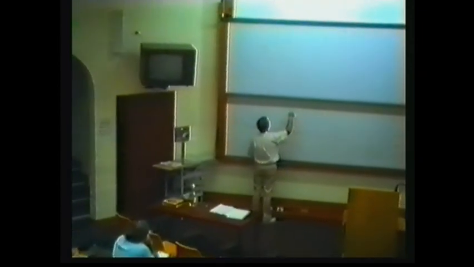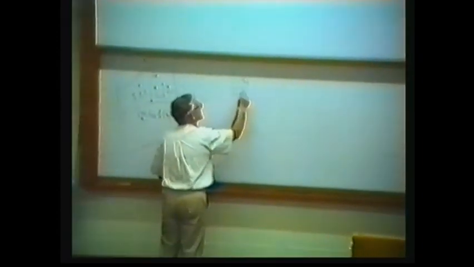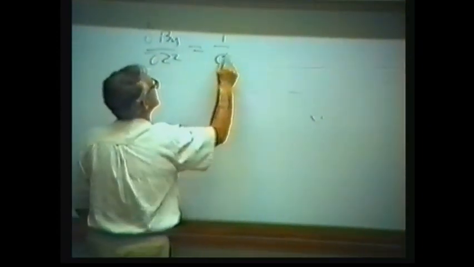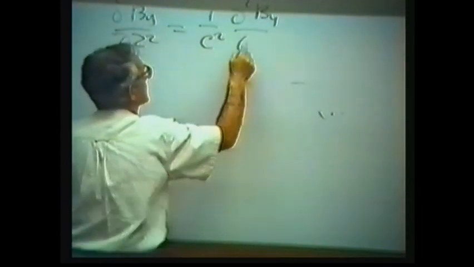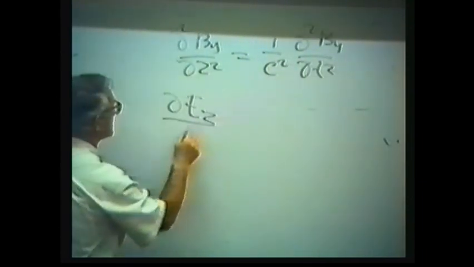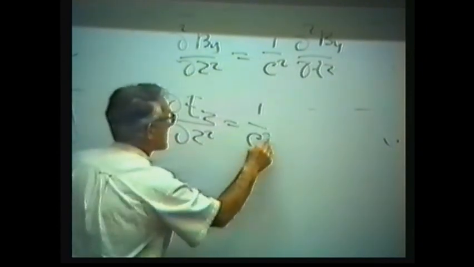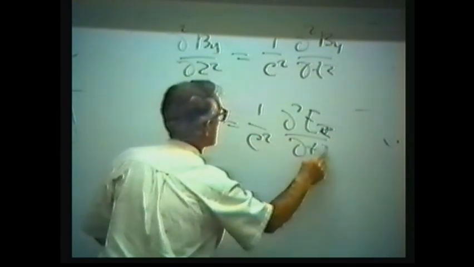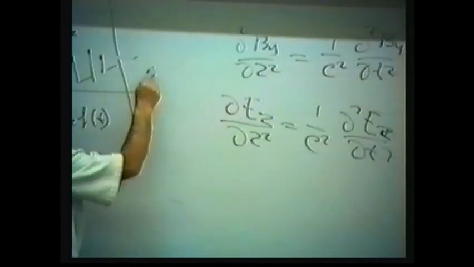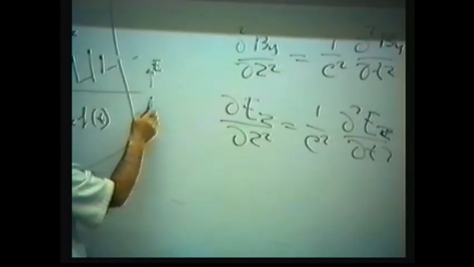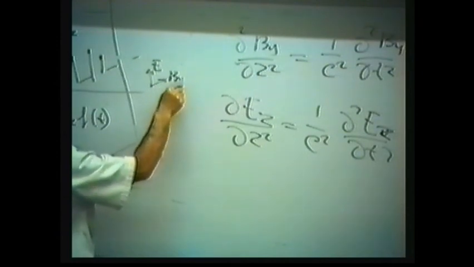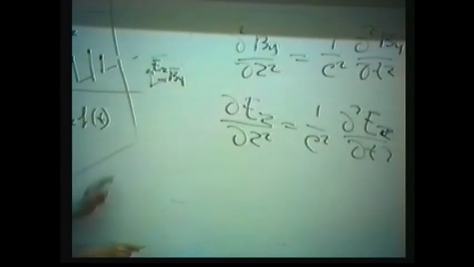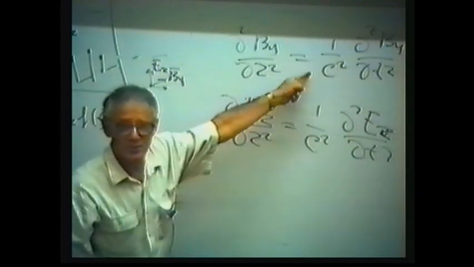So our equation for the magnetic field is the second derivative of By with respect to z equal to one divided by c squared times the second derivative with respect to t, and there is a similar equation, only the electrical field has component Ez along the current, exactly the same. So at each point there is an electrical field and there is a magnetic field. Ez, By. Energy travels in this direction.